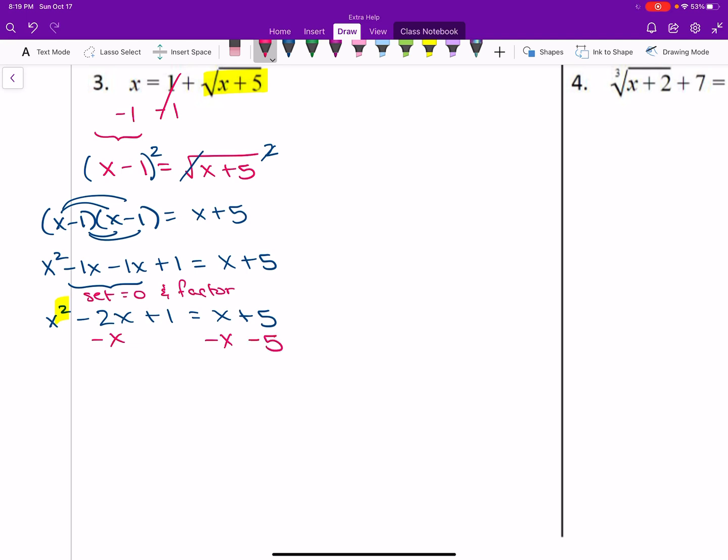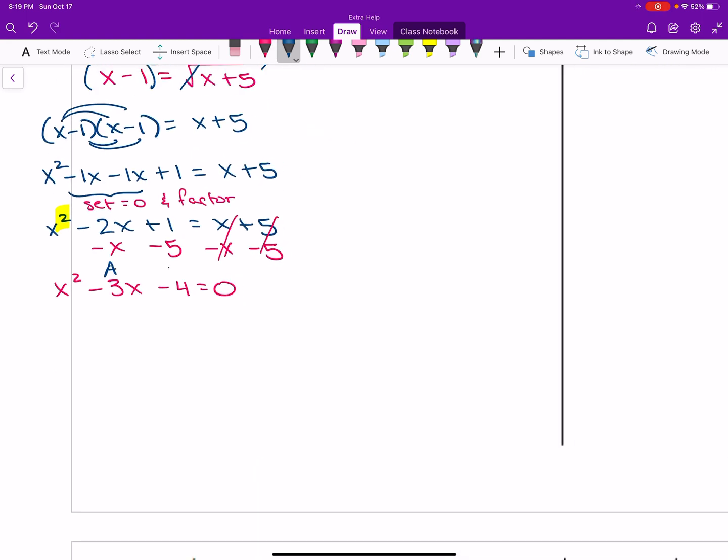I'm going to subtract the 5 from the right over to the left. Combine like terms. X squared comes down. Negative 2x minus x is negative 3x. And positive 1 minus 5 is negative 4. Everything on the right cancels, so equals 0.